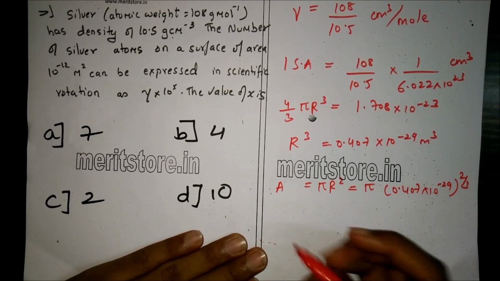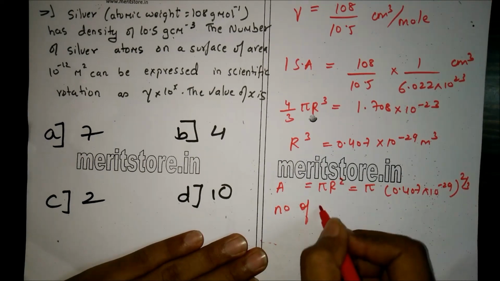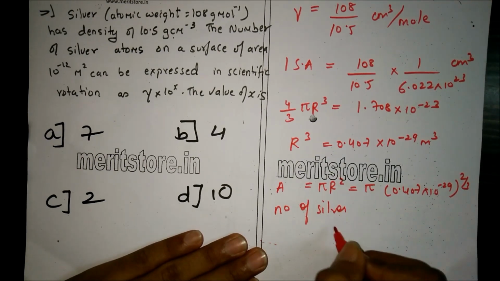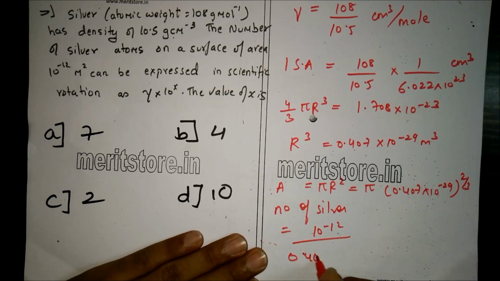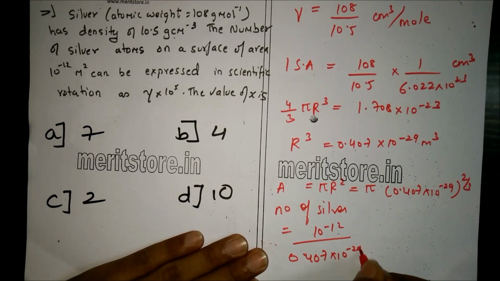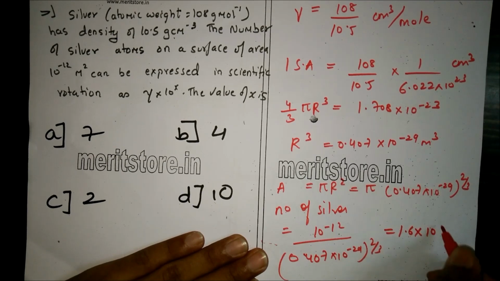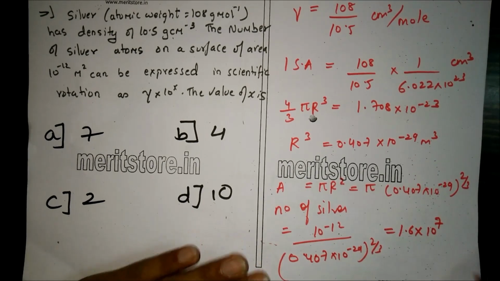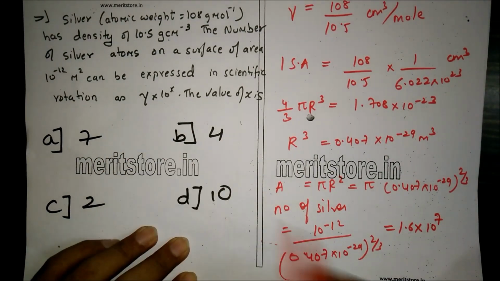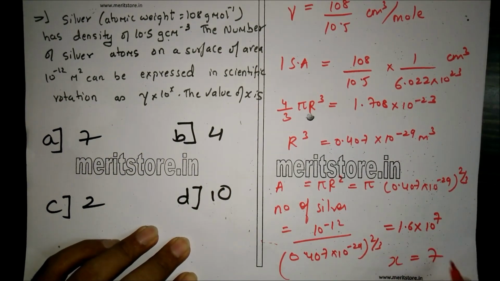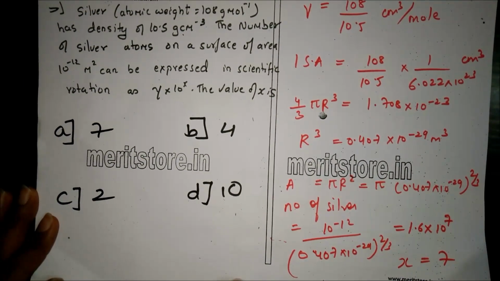So, the number of silver atoms will be equal to 10 raised to minus 12 upon (0.407 into 10 raised to minus 29) raised to 2 by 3, which is equal to 1.6 into 10 raised to 7. Now comparing this with y into 10 raised to x, we get the value of x is equal to 7. Therefore, the correct answer is option A.